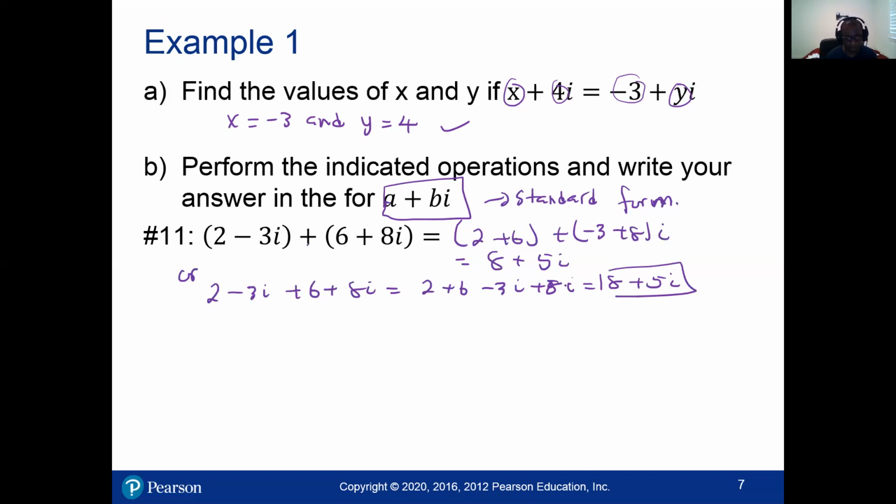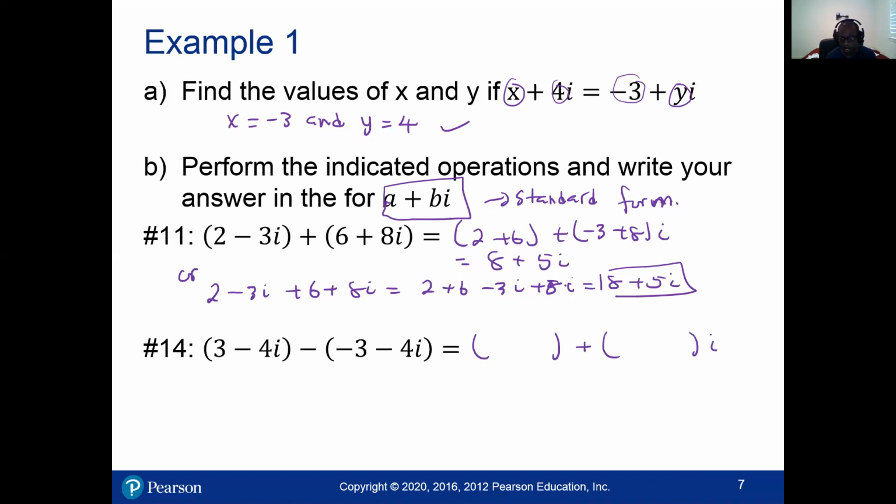Because if there is a difference, don't forget the negative will affect what is in the parentheses, as we can see in exercise number 14. All right, so if I want to do this, I have the imaginary part and then the real part.